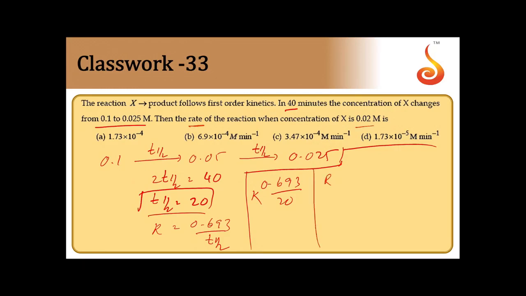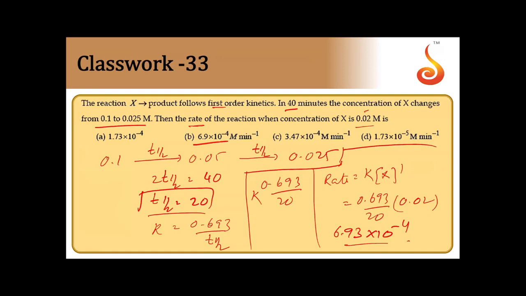Rate is equal to rate constant K into concentration of X to the power of 1, because it is first order kinetics. So rate is 0.693 by 20 into 0.02, which simplifies to 6.93 into 10 to the power of minus 4. This is the answer. It comes to option B.